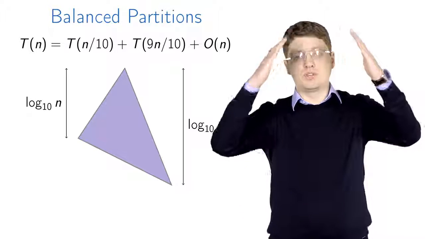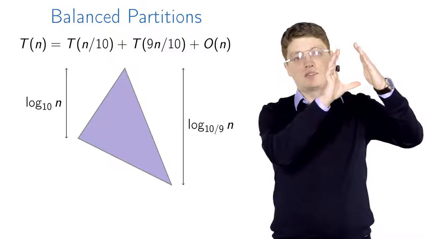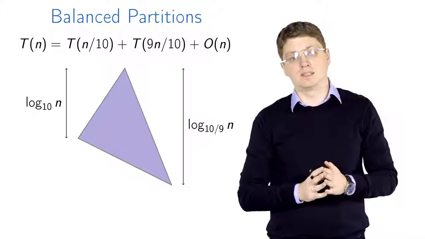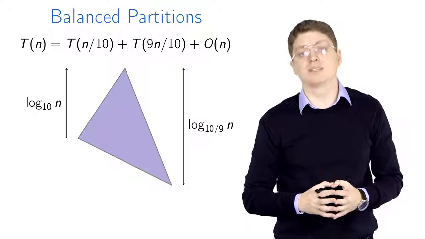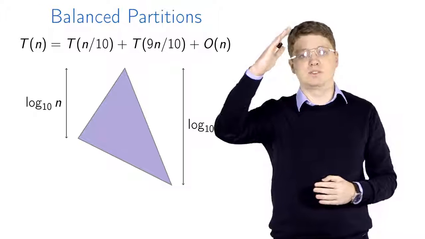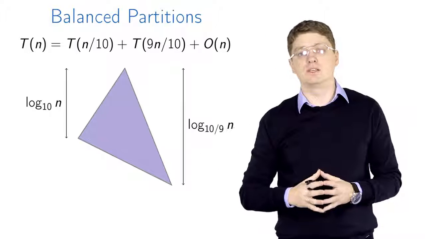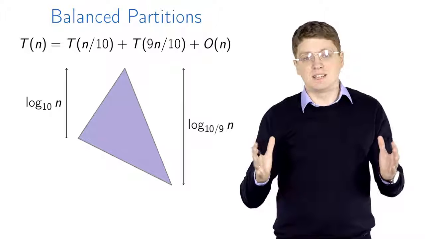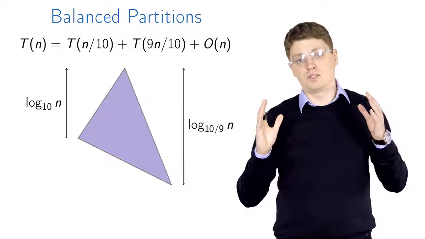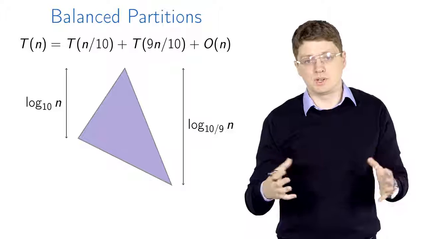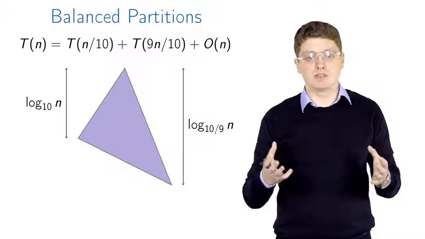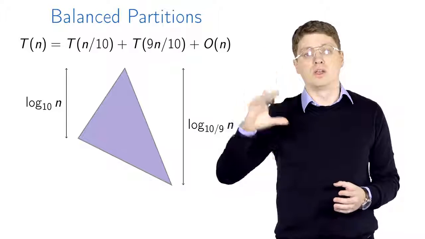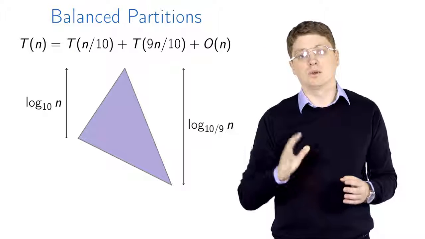Which means that in our tree, the leftmost branch has length log base 10 of n, while the rightmost branch has length log base 10 over 9 of n. Well, still the height of this tree is logarithmic. The only difference with the previous case is that now the base of the logarithm is different, but it's still constant. It is log base 10 over 9 of n.